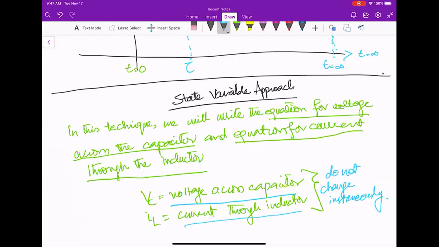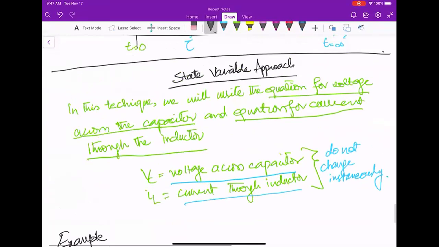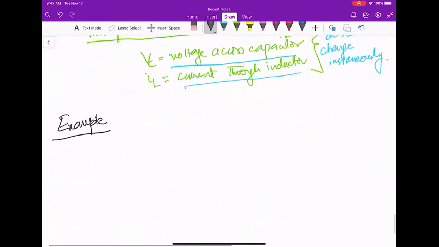Okay, so I am doing an example in which I am having a circuit.